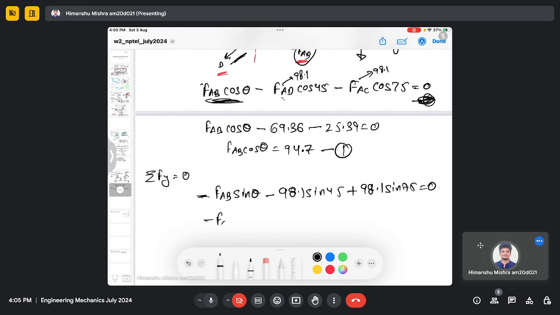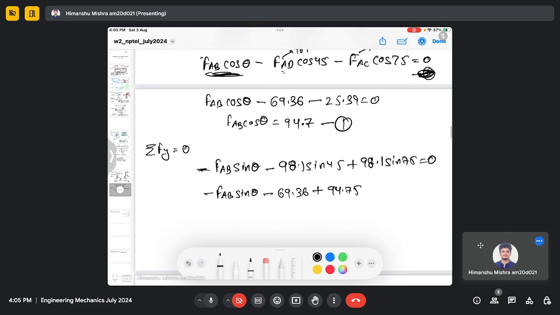So it is minus FAB sine theta minus 69.36 plus 94.75 equal to 0.